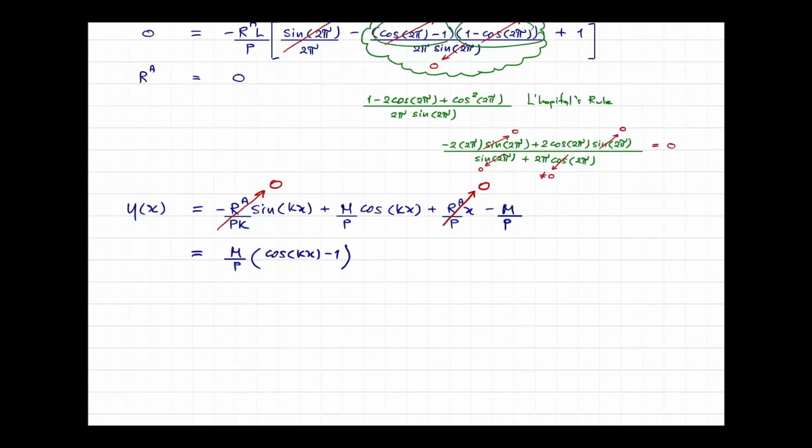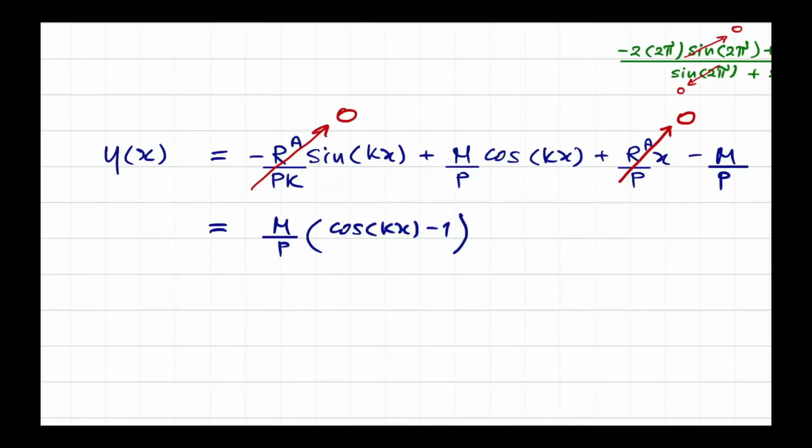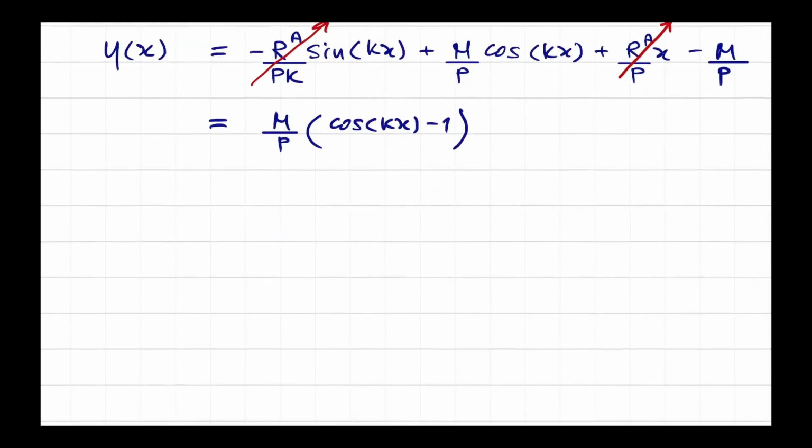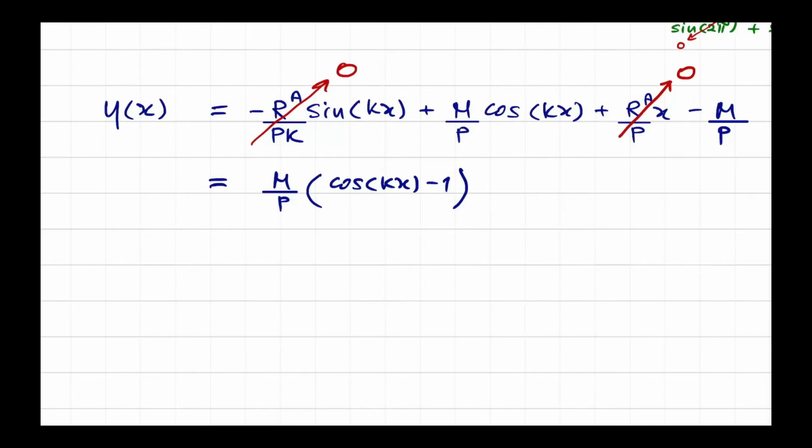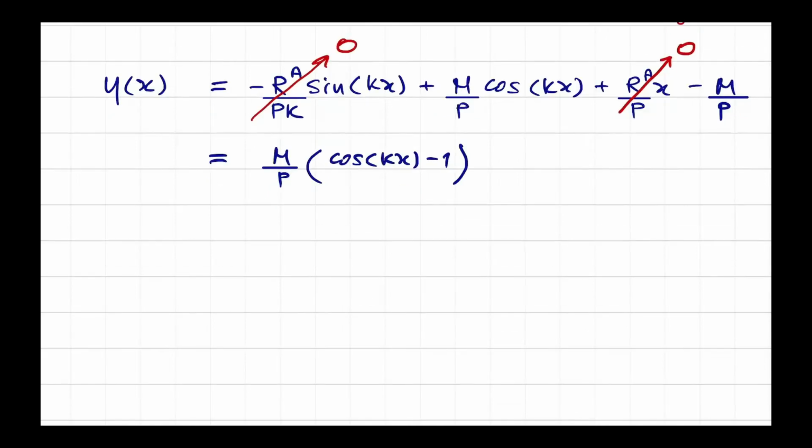Yeah, is it kx? Yes, okay. So your function y of x is equal to this. M over P is one number. Okay, M could be infinity, a very large number.